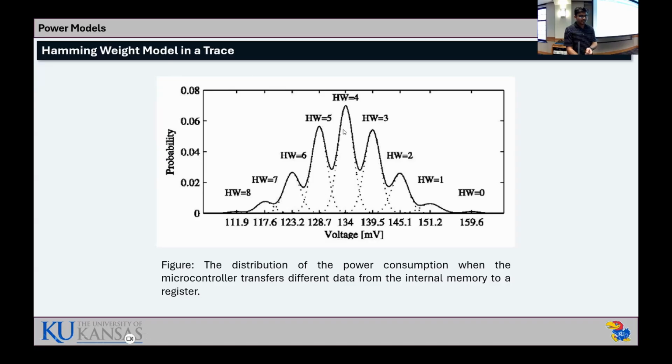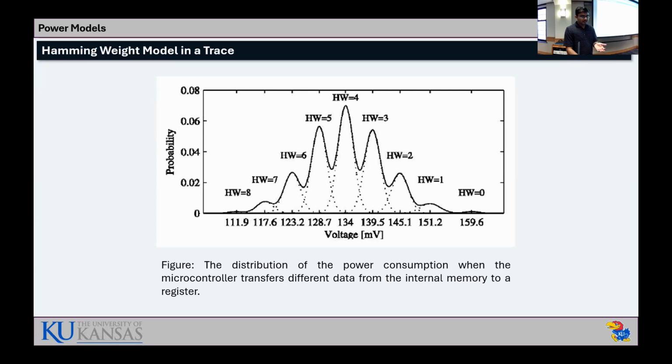If you get, suppose, this peak, you can say that, okay, I have something in the input which has Hamming weight of 4. If you get this peak, you can say that, okay, it's 7, right?